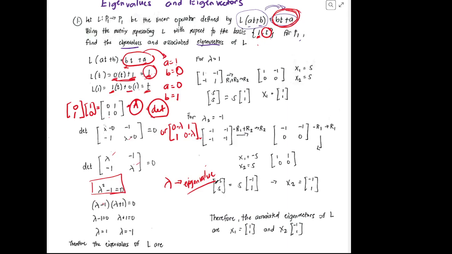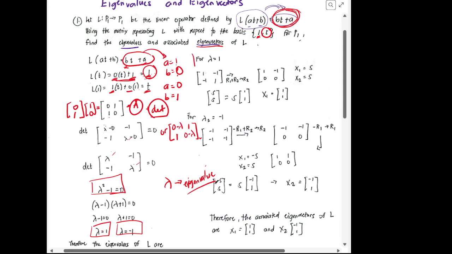We have lambda minus 1 times lambda plus 1. Solve each of the factors by equating to 0, and we get lambda equals 1 and lambda equals negative 1. Again, these are the eigenvalues. Now, after that, we are going to solve for the eigenvectors from these eigenvalues.